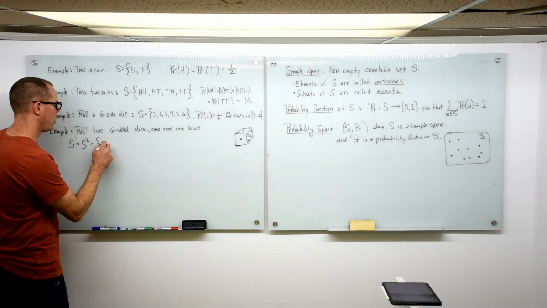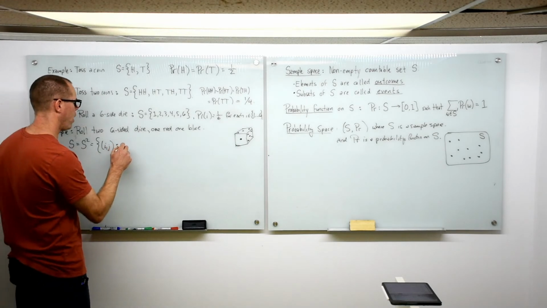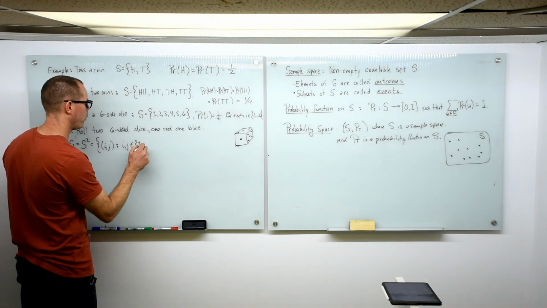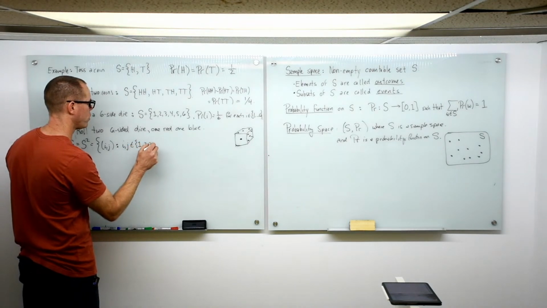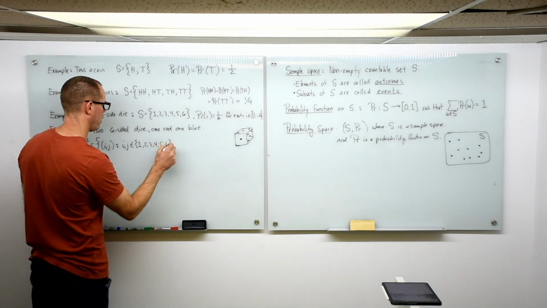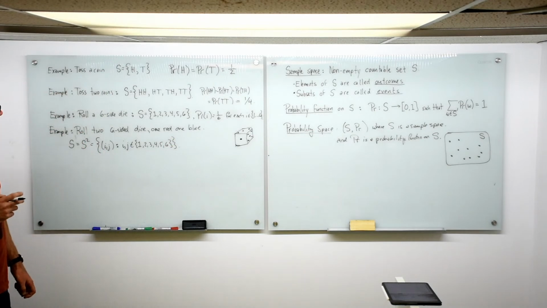It's actually all the pairs ij where i is an integer from 1 to 6, and j is an integer from 1 to 6. Okay.